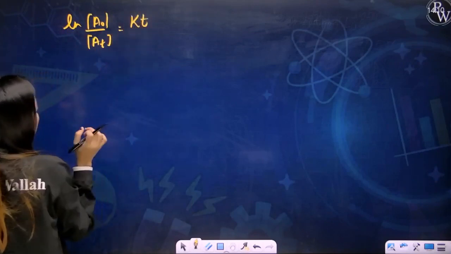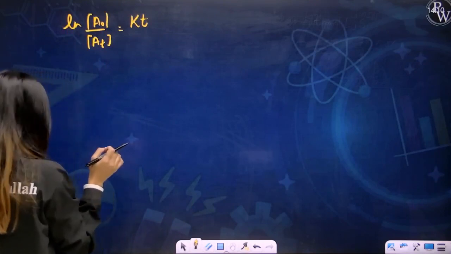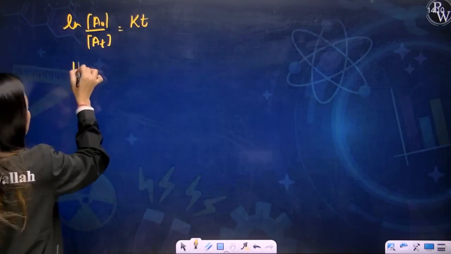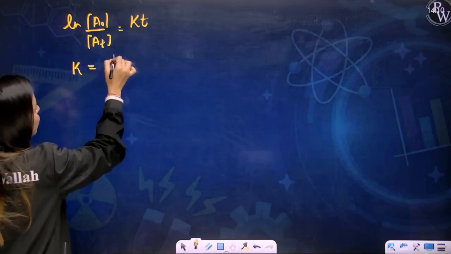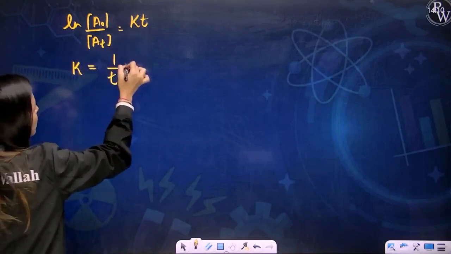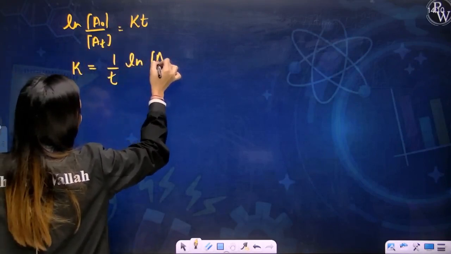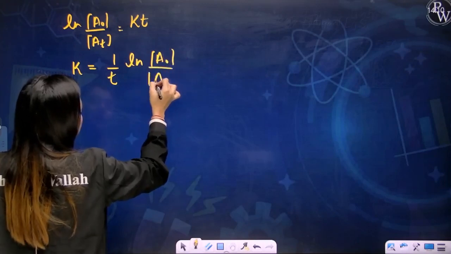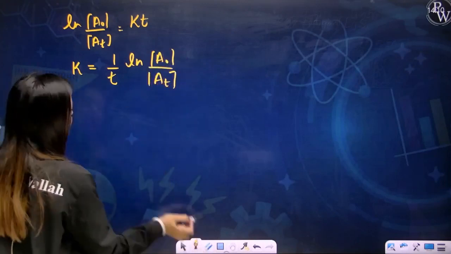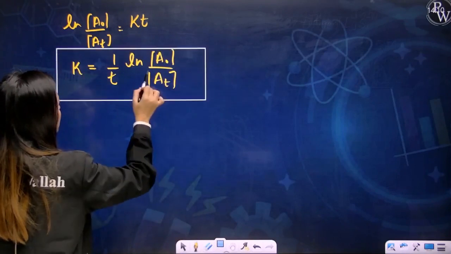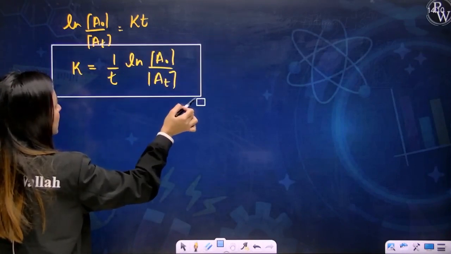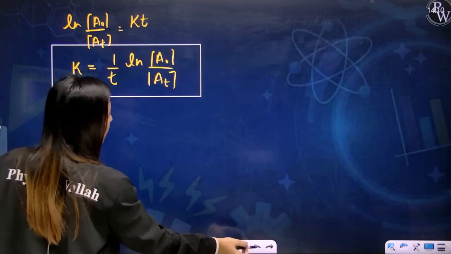Yes. So now you can say that k is actually equal to 1 upon t. I just cross multiplied it: ln of A naught upon At, right? Yes. Yet another expression which will be widely used in the calculations.